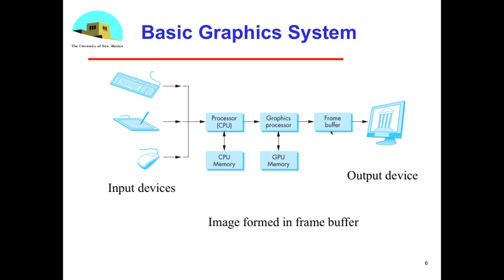Pixel is just picture element by picture element. So somewhere in this specialized memory, there's a value that corresponds to each place on the screen, and we form the image in that frame buffer.